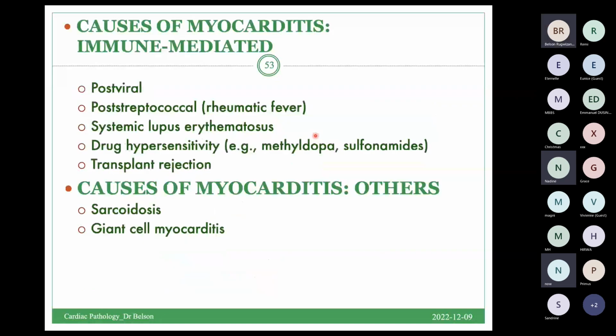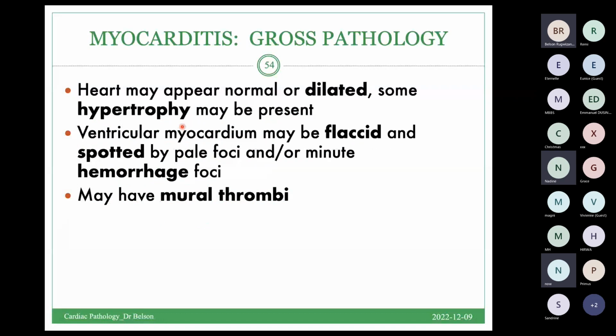So for myocarditis, inflammation of the myocardium, they are immune mediated. It's a virus, akaba post-streptococcal, navugagaho nuko kudashfata valves gusisha no gufata myocardium, and so on. So other causes are sarcoidosis, giant cell myocarditis, and so on.